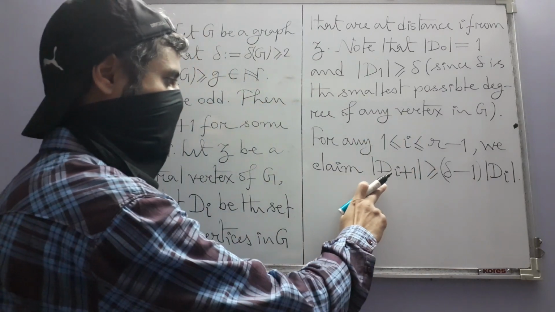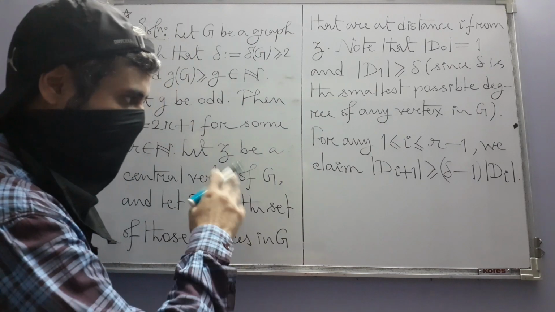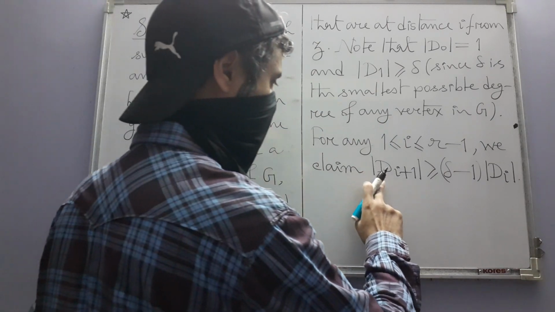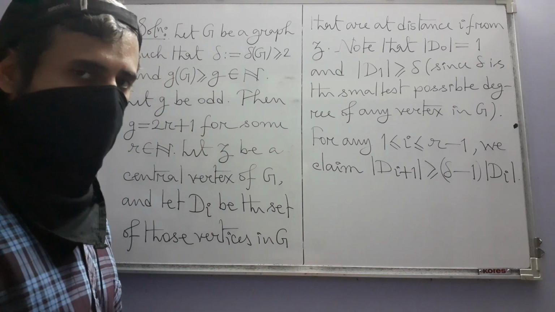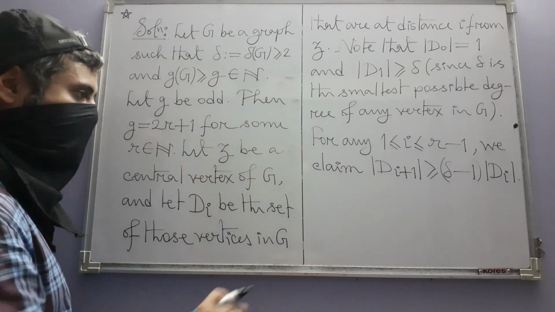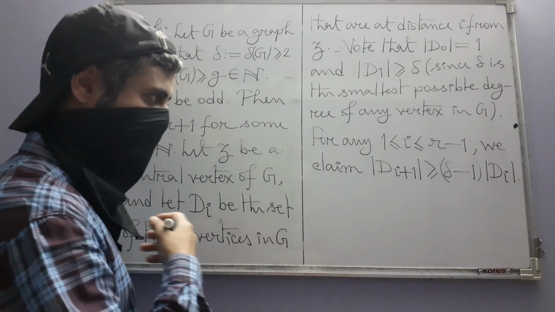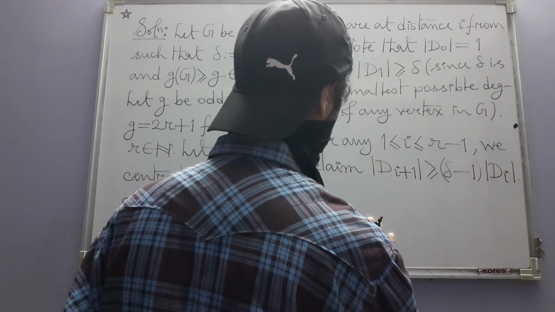You may remember that in the proof of that result, where we have an upper bound for the order of G, there also we claim a similar inequality, but it's in the other direction. So that's what I meant when I was saying that we are going to do something similar but on the other side.